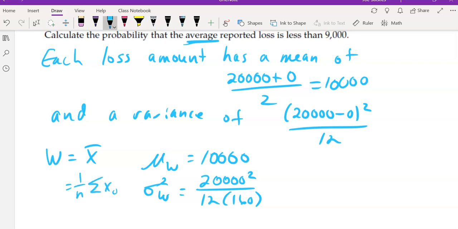If I ignore the 1 over N, I would get N times the mean. So your W is equal to a sum of the X of I's, but there's a 1 over N. I combine all of them.